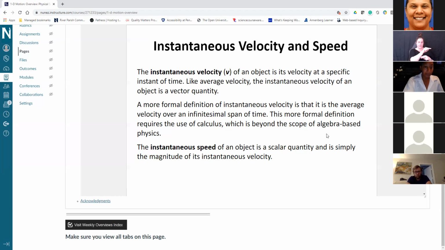And then its scalar counterpart is instantaneous speed. Instantaneous speed is a scalar property, and what you do is you look at the size of the instantaneous velocity. Remember, size means take off the direction part and focus on the number and the unit, right?